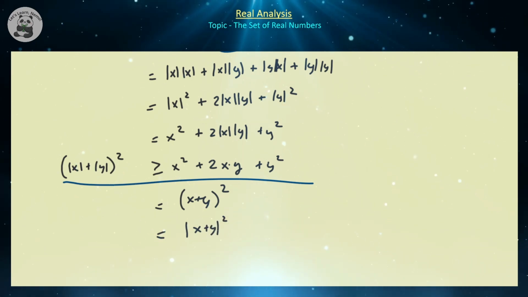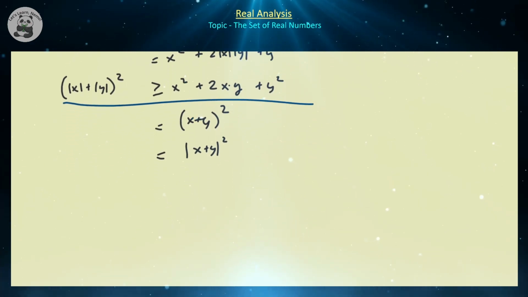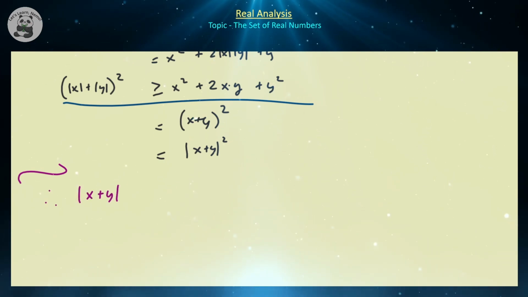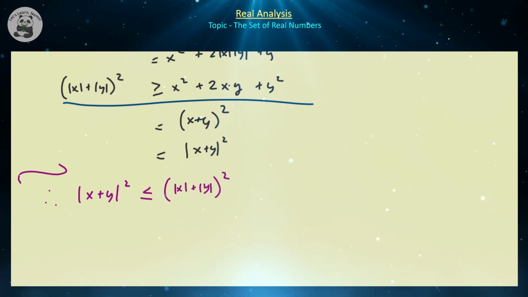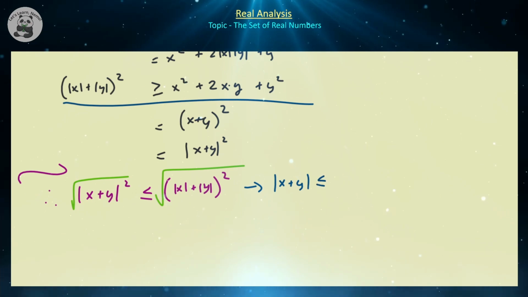Right? So if we combine these two statements, what exactly do we have? So that means that the absolute value of x plus y, squared, is less than or equal to the absolute value of x plus the absolute value of y, the quantity squared. Right? So if we take the square root of both of these sides and use that increasing property of square roots, what we have here is the absolute value of x plus y is less than or equal to the absolute value of x plus the absolute value of y.